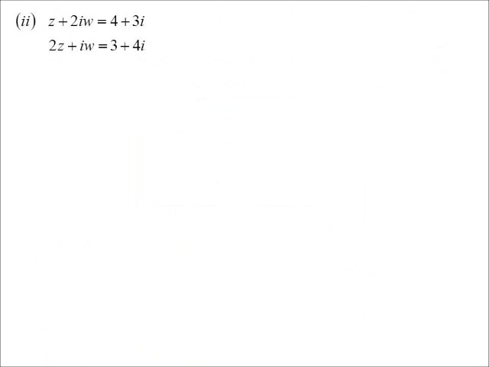Now, z plus 2iw is 4 plus 3i. 2z plus iw is 3 plus 4i. Just like any other simultaneous equation, if we want to eliminate, we need to make the coefficient the same. The fact that there's imaginary numbers there doesn't change the idea.